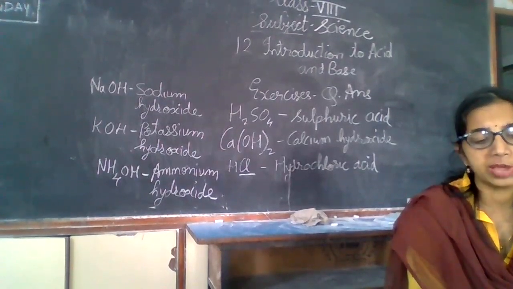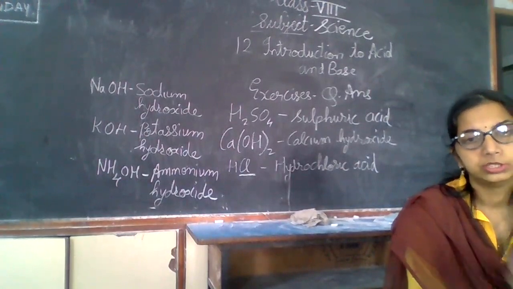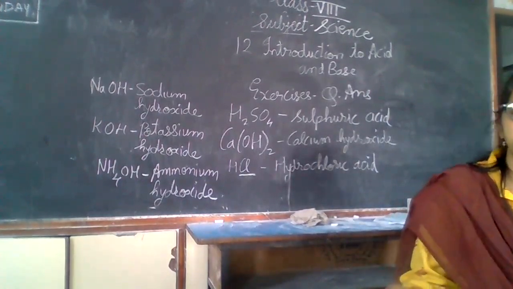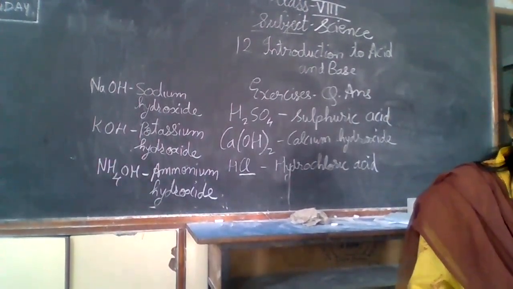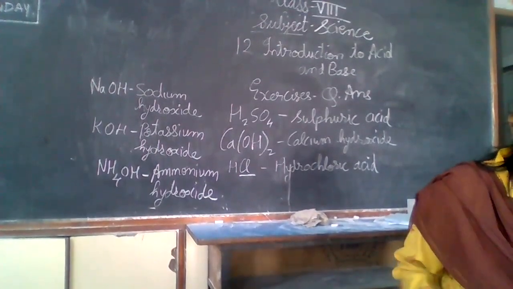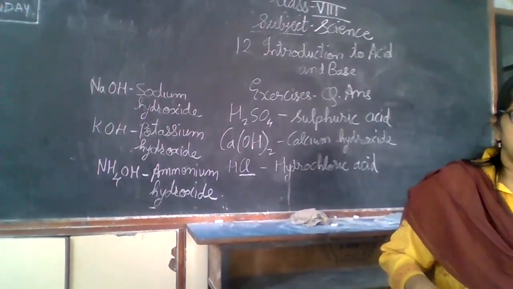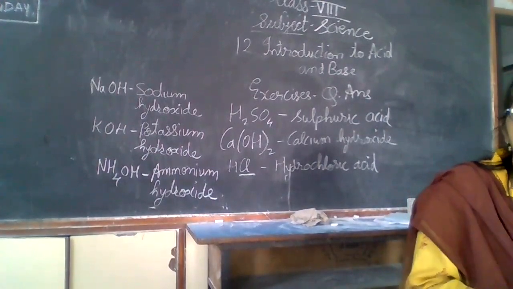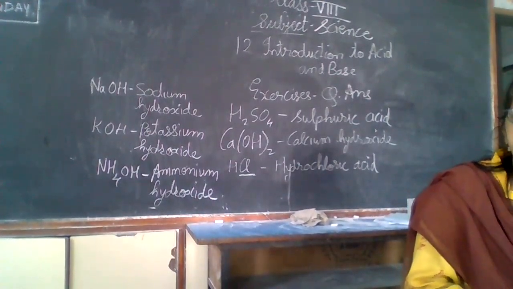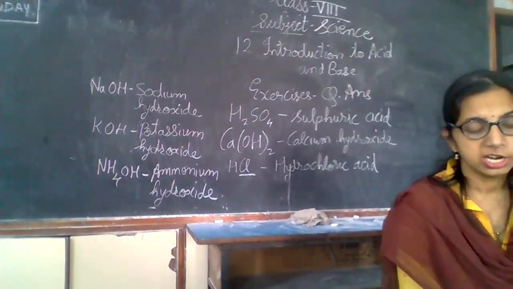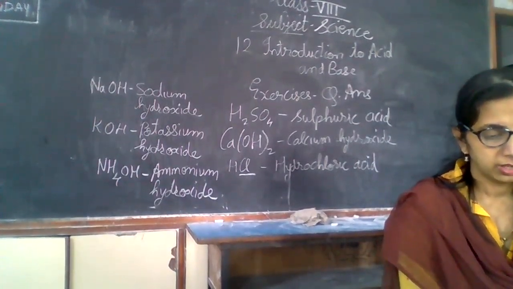Acid is used for making white paper from wood pulp. These are all the uses of hydrochloric acid, H2SO4 and other acids in our industries.